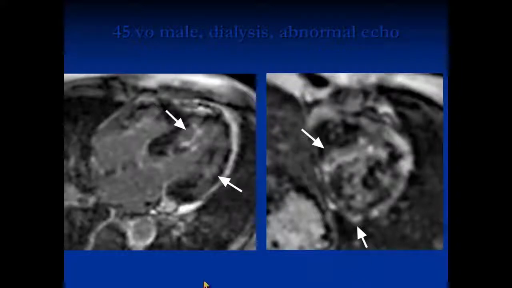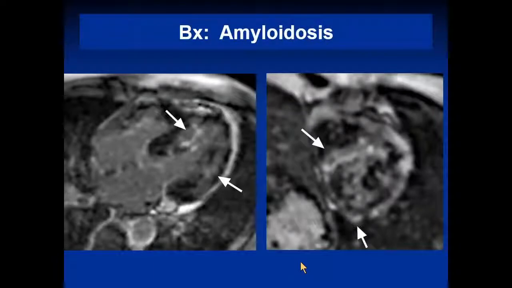It is infiltration of amyloid in the myocardium. And this condition presents with an abnormal T1, and it's probably, in my view, the condition where T1 mapping is of clinical importance.